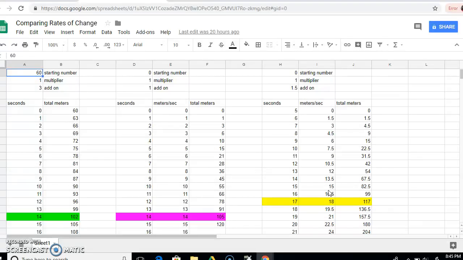All right. So going over here to the highlighted in yellow, this is for the alligator. Well, it shows that the alligator, he stood still and did not begin running until 5 seconds.